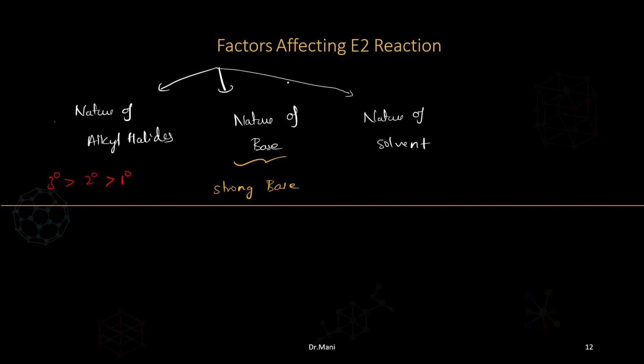And finally, leaving group ability. So we saw in the previous condition, leaving group ability. So tell me, what is the leaving group ability? Iodine has more ability or chlorine is more?